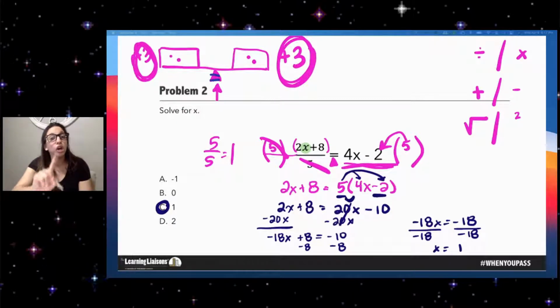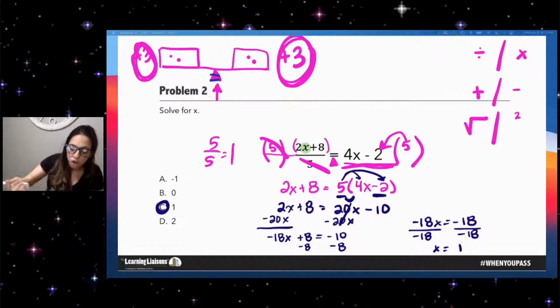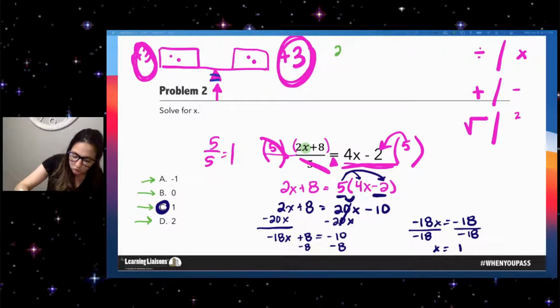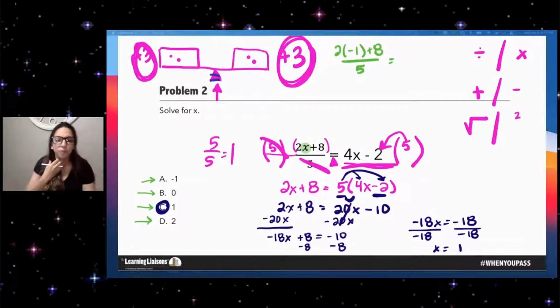Another way you could have solved this problem, if the algebra part of this is extremely confusing for you, was by plugging these answer choices in for x. So let's plug in negative 1. 2 times negative 1 plus 8, divided by 5, equals 4 times negative 1 minus 2.